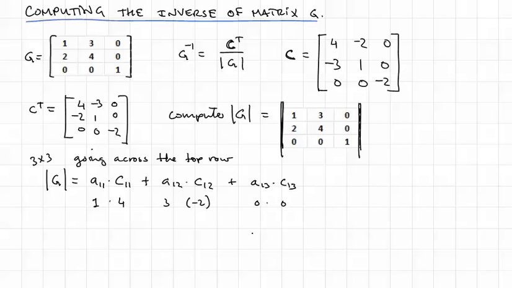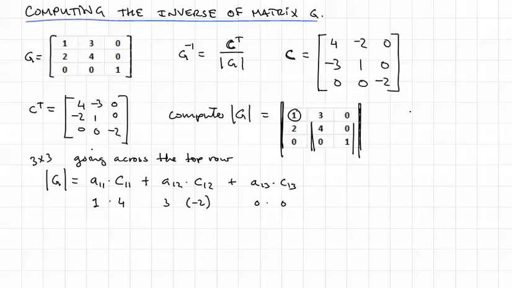So if we go across, say, the top row, we take that element, 1, and multiply it by the determinant of this matrix, which is 4 times 1 minus 0, so it's 4. And then lastly, we have to change the sign if it is an odd entry.